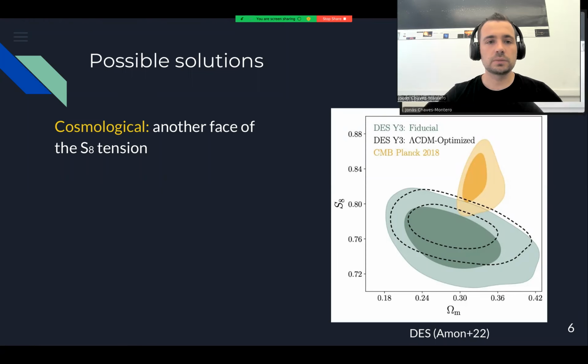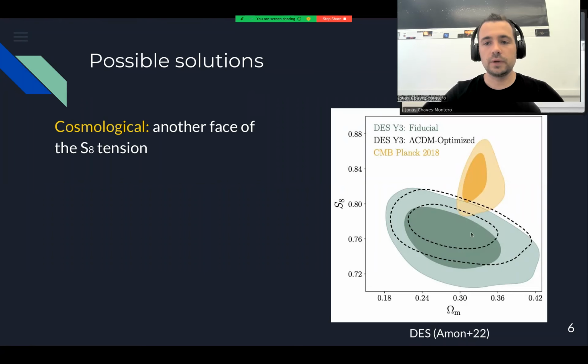So, the possible solutions for this problem. The first one is that it's cosmological. There is another face of the S8 tension. This is the discrepancy between measurements of the amplitude of matter perturbations in the universe from early universe studies and from late universe studies like DES or other lensing surveys.